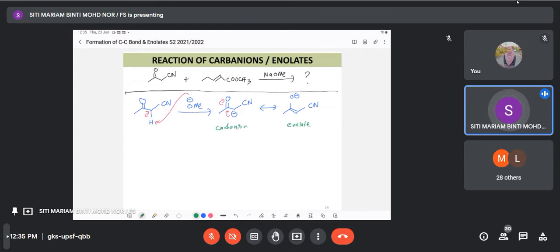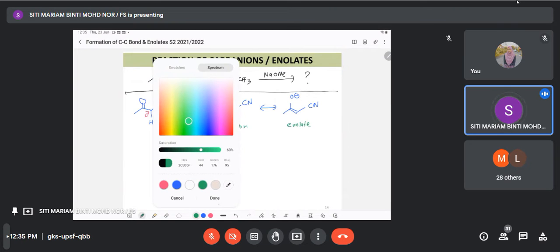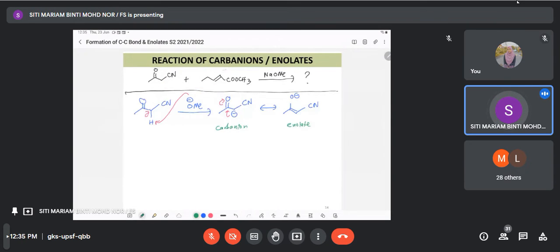So this nucleophile will react with the electrophile. Your electrophile is the alpha, beta unsaturated carbonyl compound. As we wrote previously, this is the electrophile, this is the nucleophile. So your electrophile, the second compound, you draw it here, COOCH3.